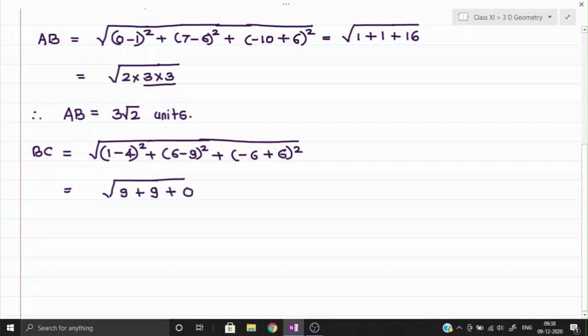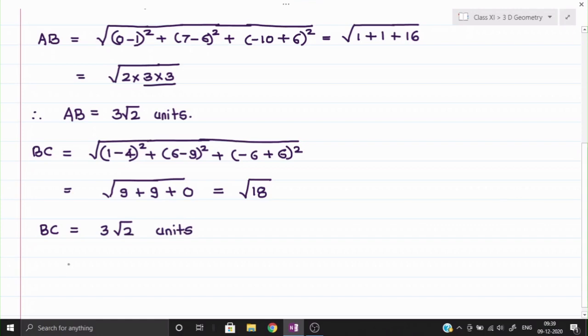And plus this will be 0. So this is also coming here under root of 18, and if I find the factors of 18, a pair of 3 will be completed and the value of BC will also be 3 under root of 2 units. So now you can see our AB and BC are the same.